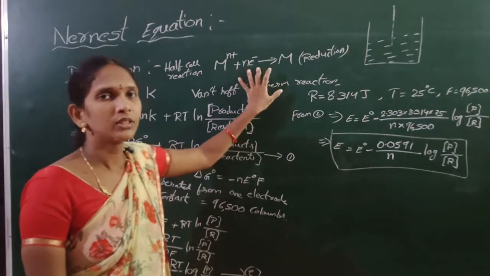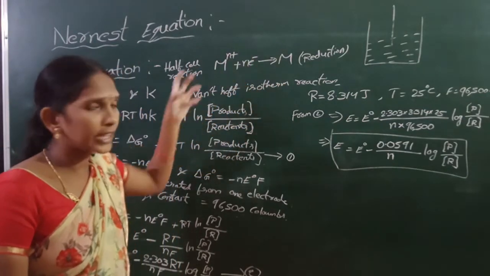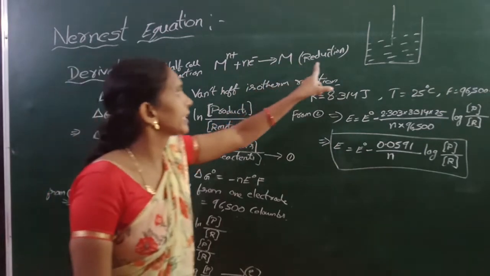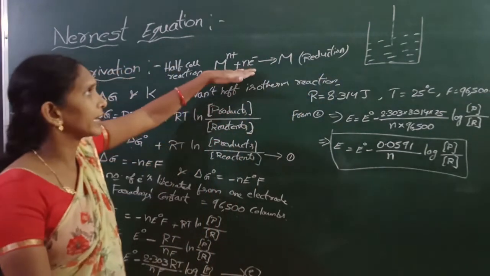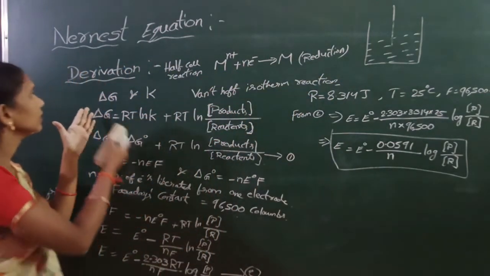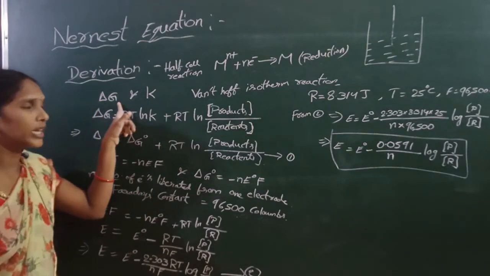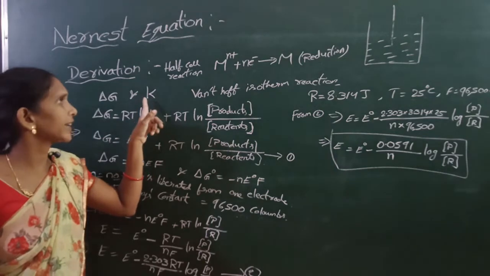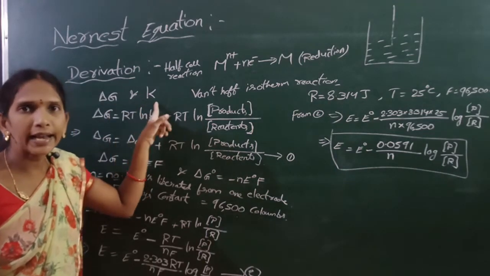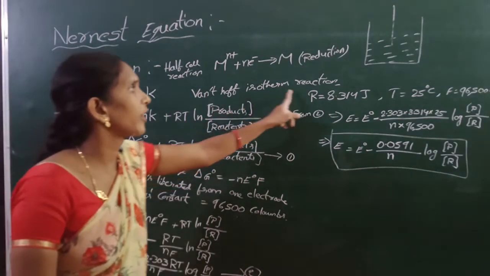Here electrons are gained, so this is a reduction reaction. In this reduction reaction, the free energy change delta G and equilibrium constant K are related by the Van't Hoff isotherm.